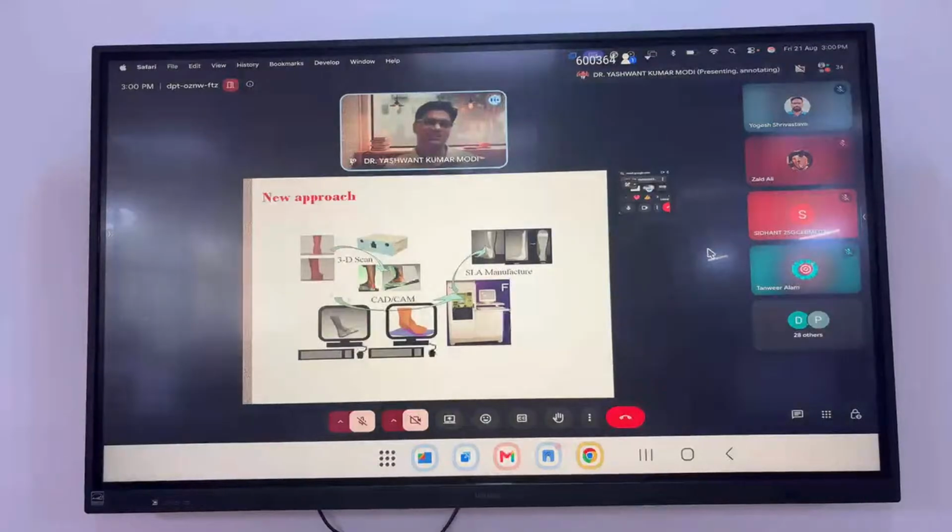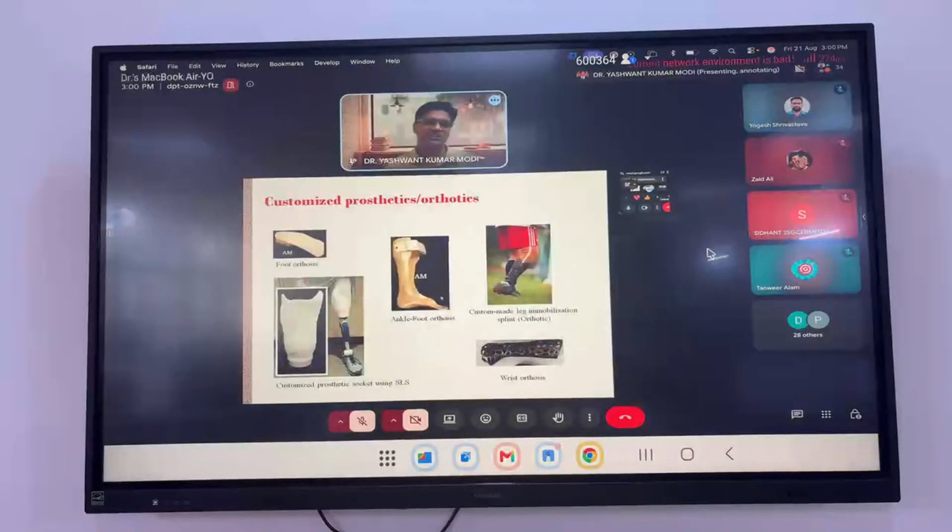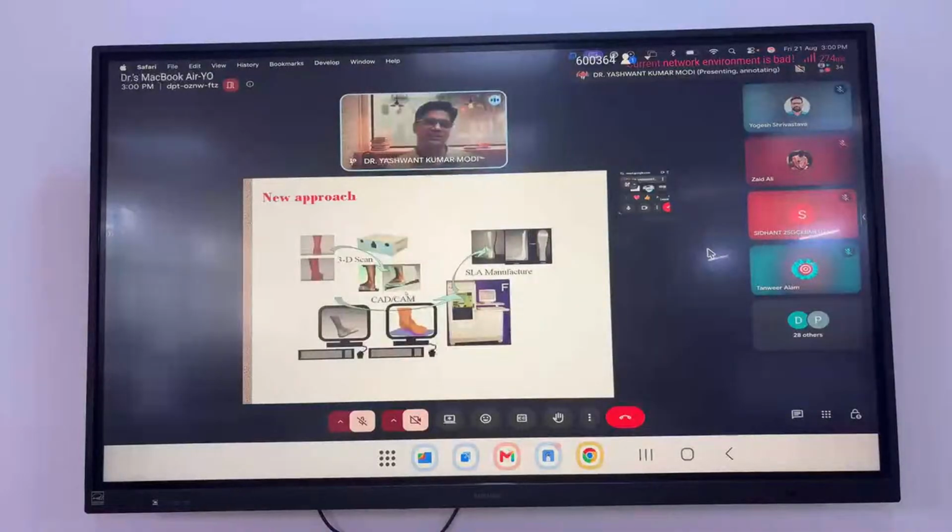A 3D scanner basically scans the surface of your body part, and it creates point cloud data. Then using that point cloud data, we have to create a surface onto that using any CAD software.